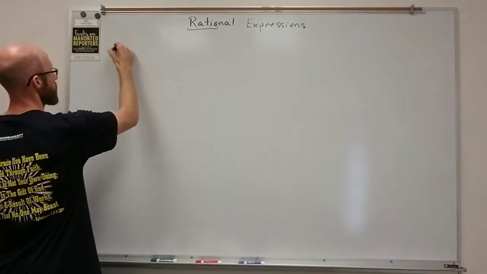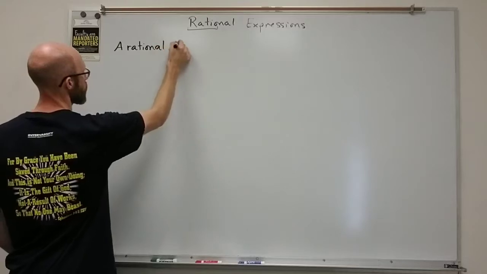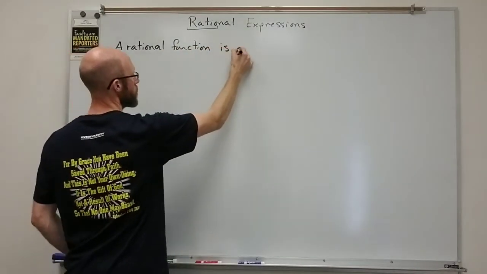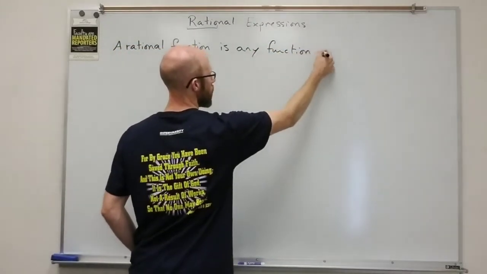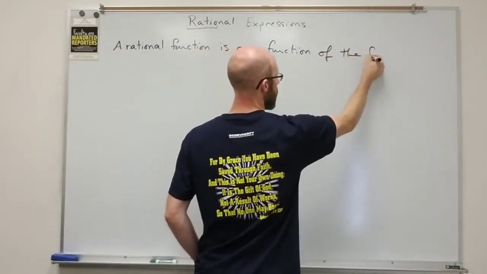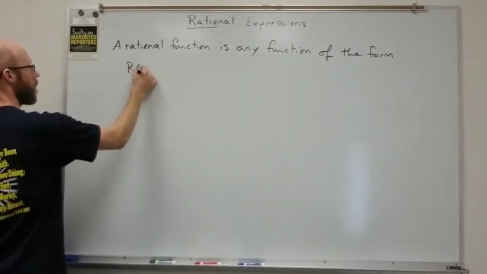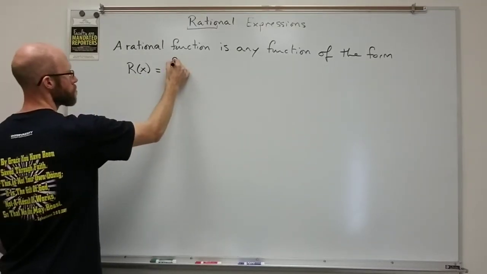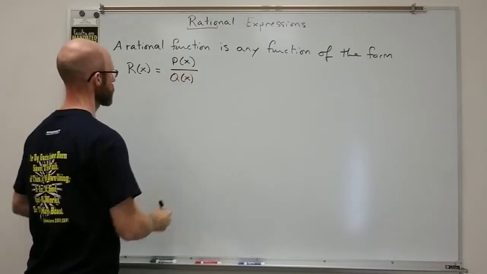So as a definition, a rational function is any function of the form, I'm going to call it r of x, which is function notation, equals p of x over q of x.